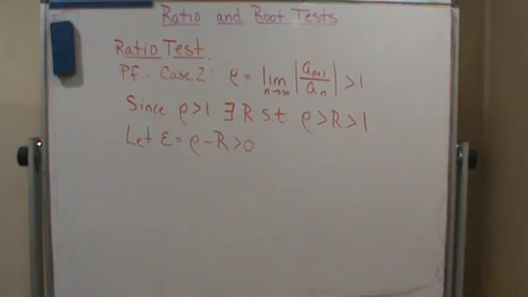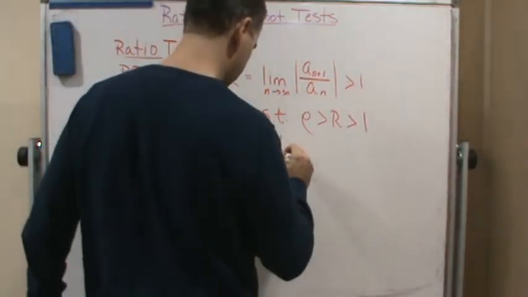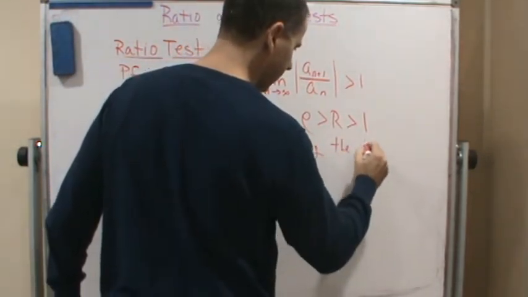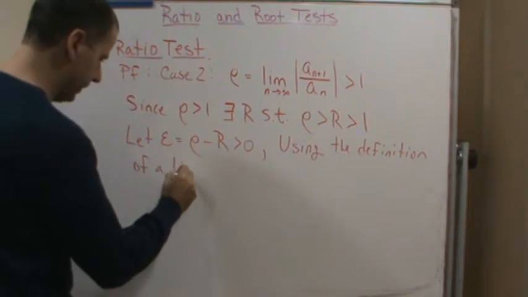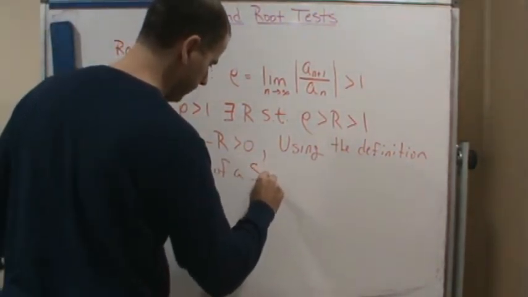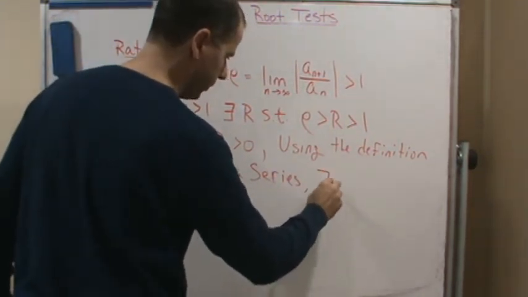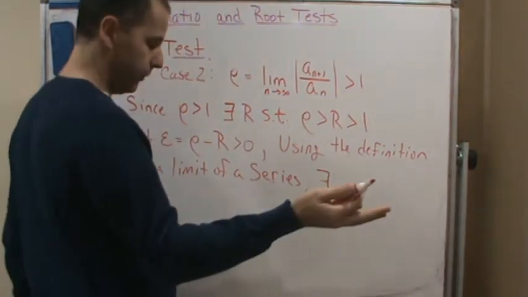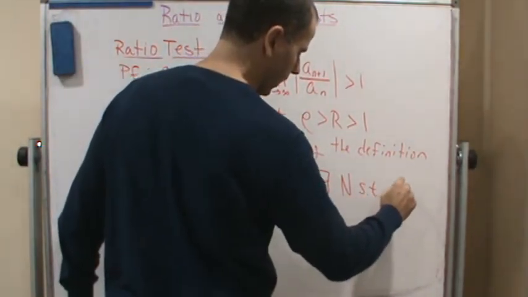Okay, so what are we going to do? Using the definition of the limit of a sequence, or excuse me, of a series, there exists a positive integer N such that, what?